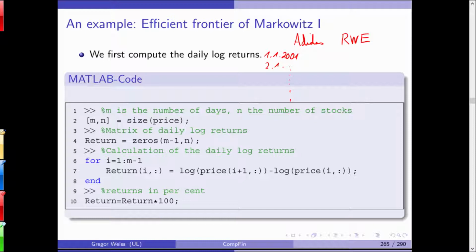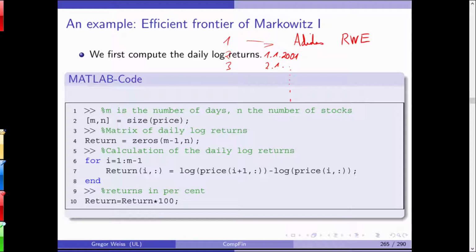Then return is defined simply as a matrix with zeros, with m-1 lines and n columns. Why do you only need m-1 lines? Well, as you can see, the first line is the header, and you don't need the header because you will probably remember which stocks are in which column.